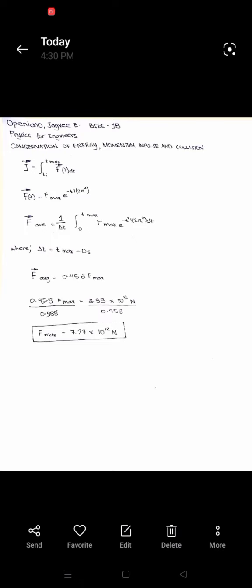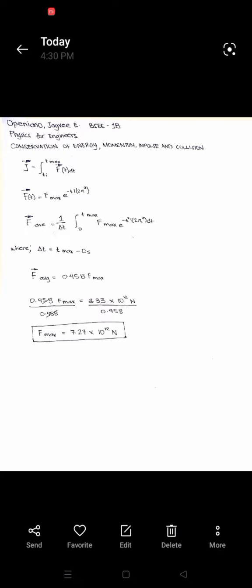So the average force equals 1 over the time, times the integral from 0 to the maximum time of the maximum force times e raised to negative t squared over 2 sigma squared dt, where the time is equal to the maximum time minus 0 seconds.